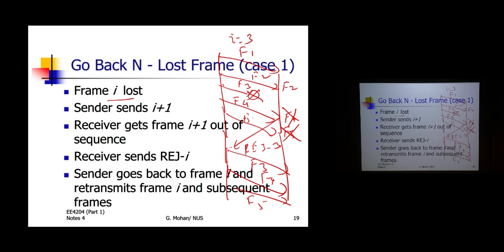Any doubt? Now the question is, here we assumed that frame 2 was sent, 3 is lost, then frame 4 was sent. In that case, the receiver can find out it is out of sequence. What happens if frame 3 was sent and lost, but there are no new frames sent from the sender?